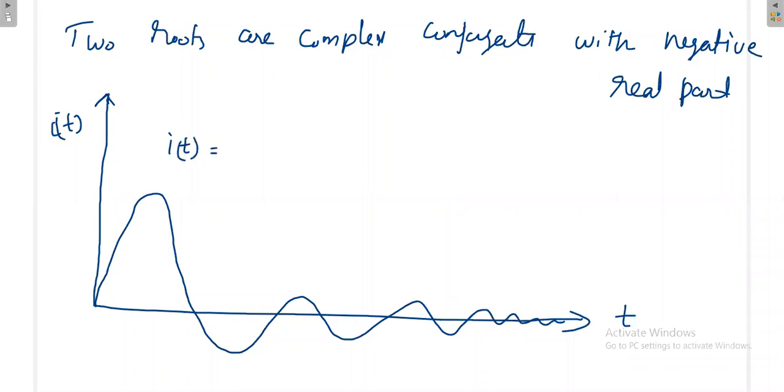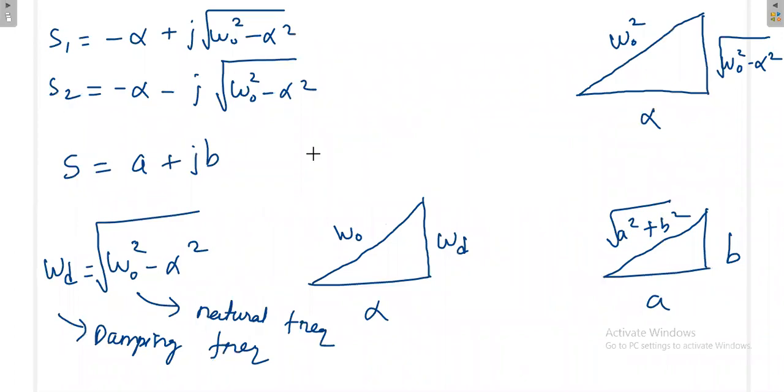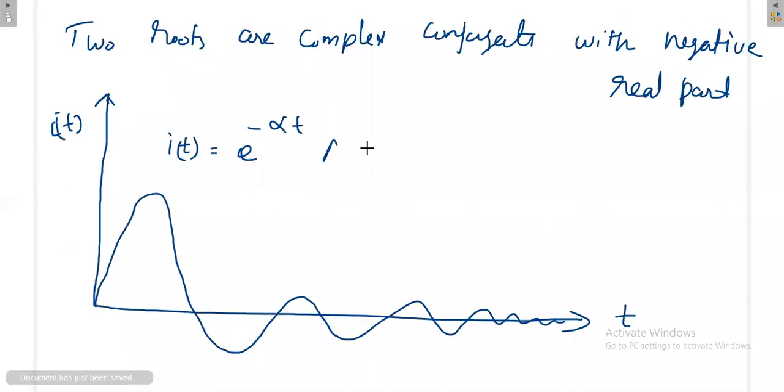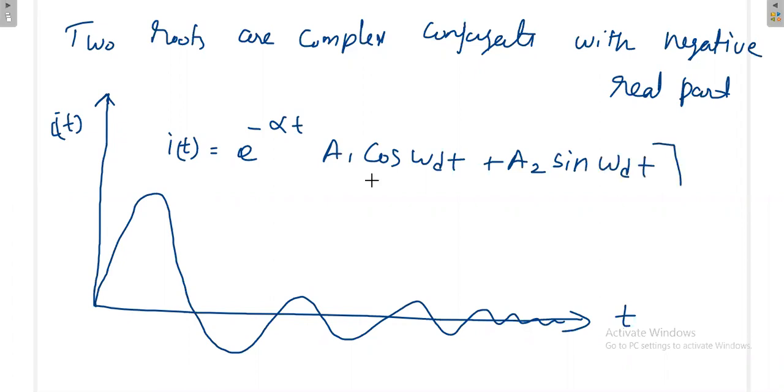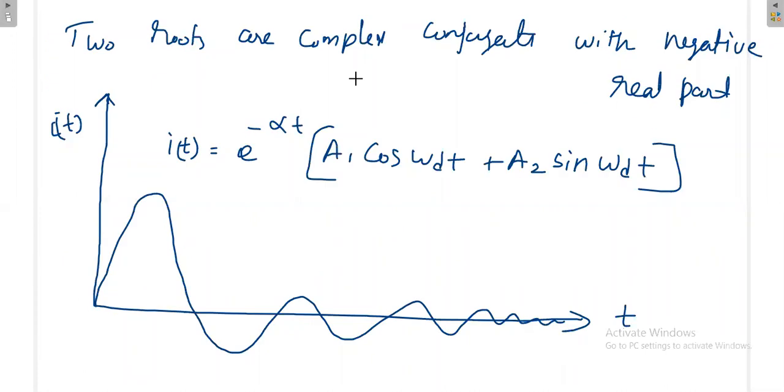Then mathematically, how can we write it? e power minus alpha t, where alpha is the real part of the roots, multiplied by a1 cos omega d t plus a2 sin omega d t. Whenever you have roots of complex conjugate nature from the differential equation, this is the solution format.